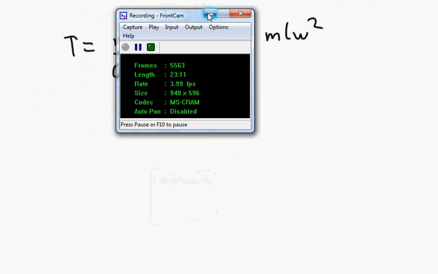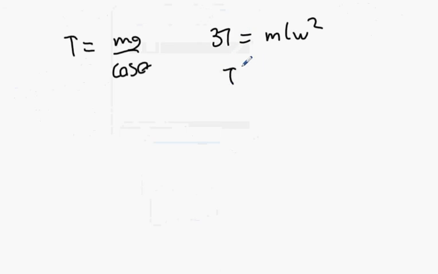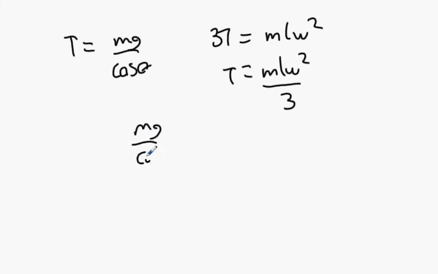So this is where we're at here. Divide by 3, m L omega squared all over 3. Put them equal to each other. So we get mg over cos theta equals m L omega squared all over 3. The m's will cancel.